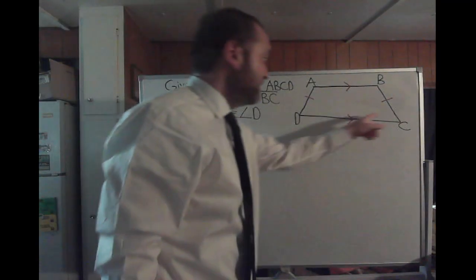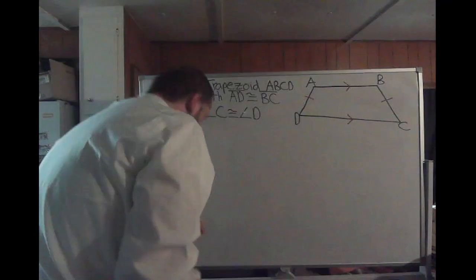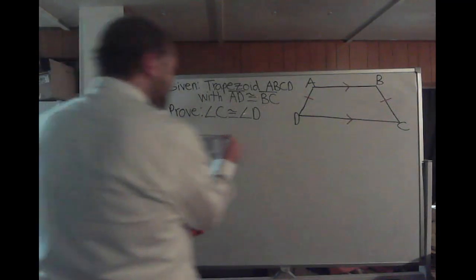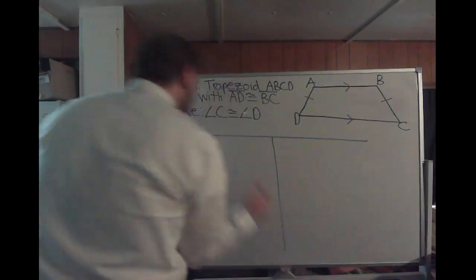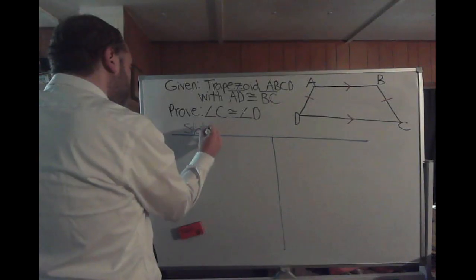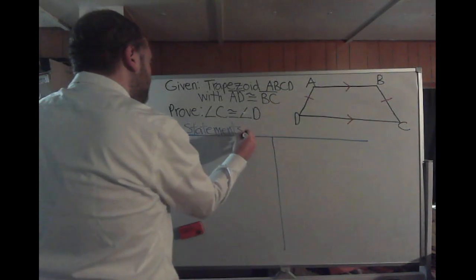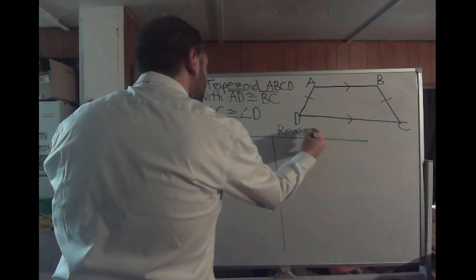We just got to prove that these two angles are congruent. So let's go ahead, we'll set up our columns. This actually won't be that bad of a proof, not at all. Statements and then the reasons, okay.